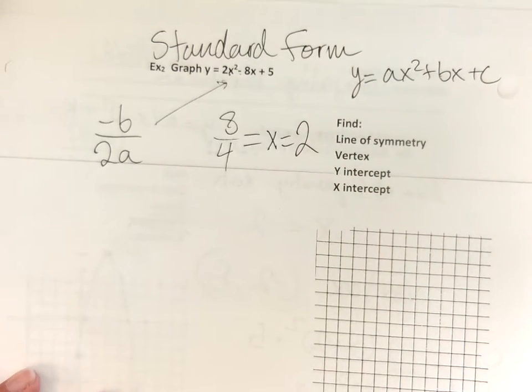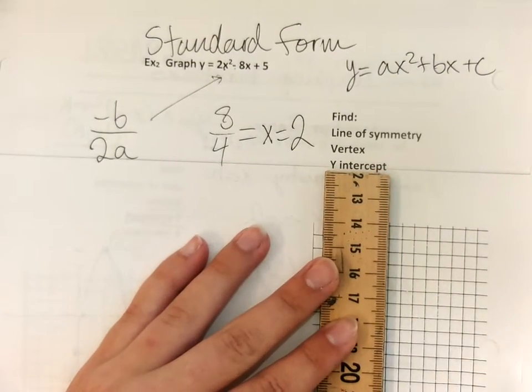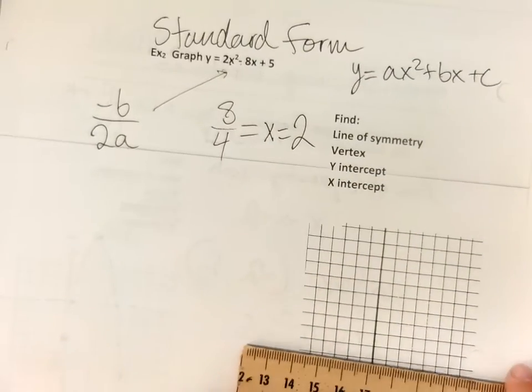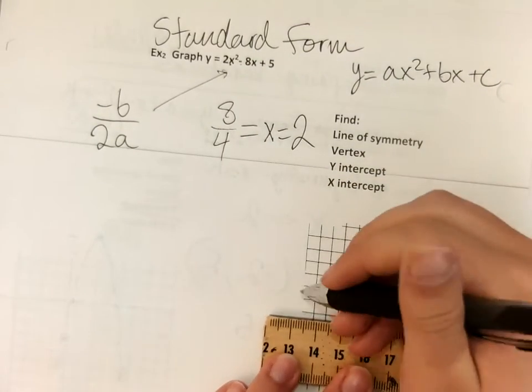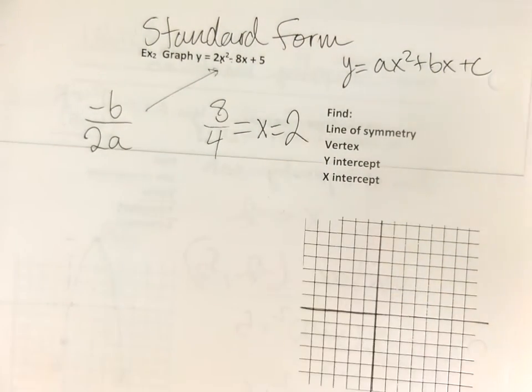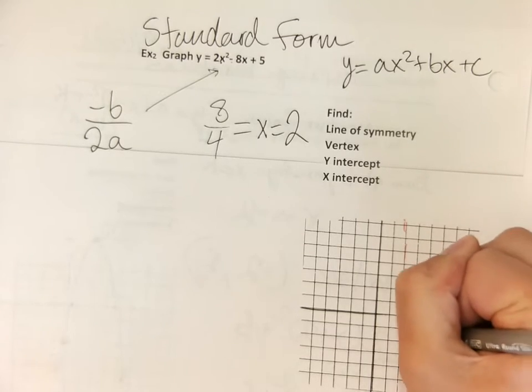So if we were to start graphing that, at x is 2, we have our line of symmetry.